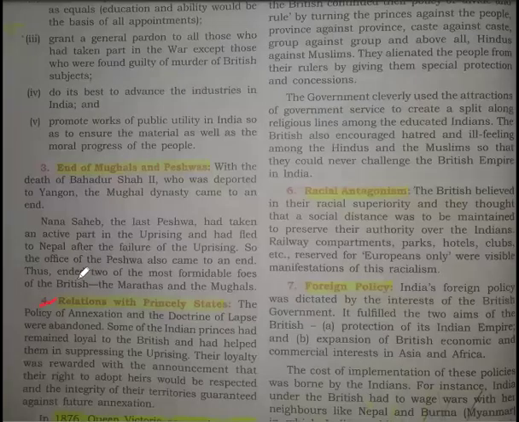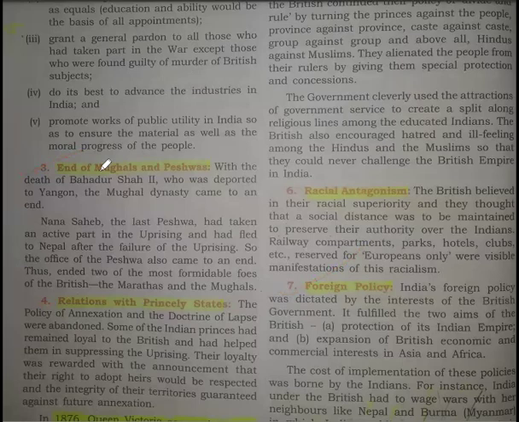Then also you can write policy of divide and rule. You can write racial antagonism, and you could write relations with princely states, foreign policy, end of Mughals and Peshwas. So just go through it, and I guess we have nothing much.